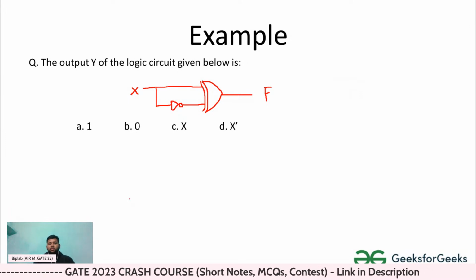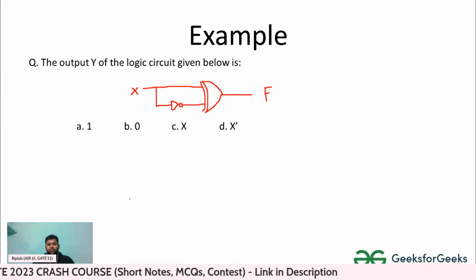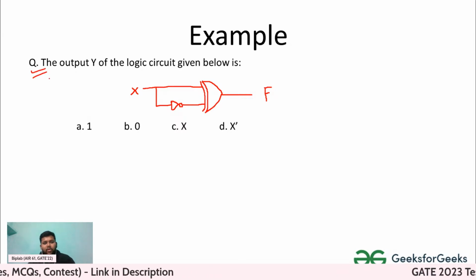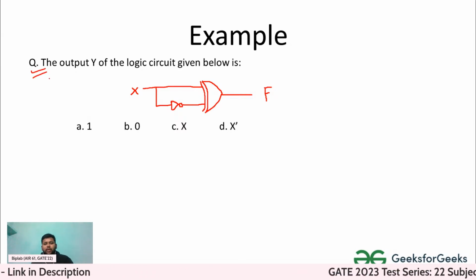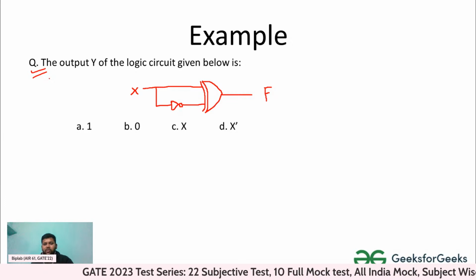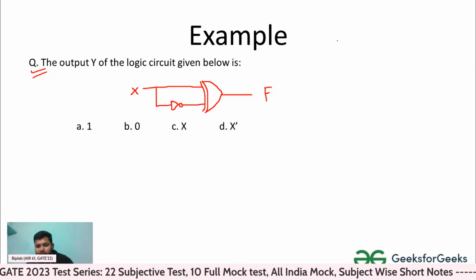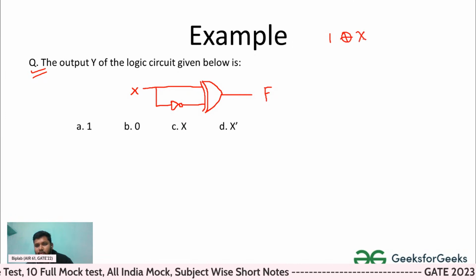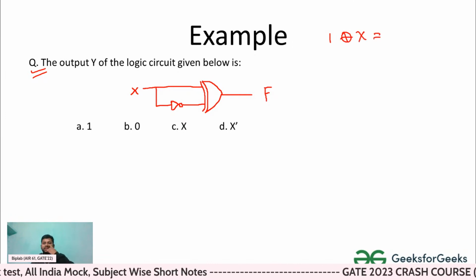Okay, if you have any doubt, you can comment, or let's solve this one. The output Y for this logic circuit, what will be the output? For XOR, always remember this property. If you XOR anything with 1, what will be your result?